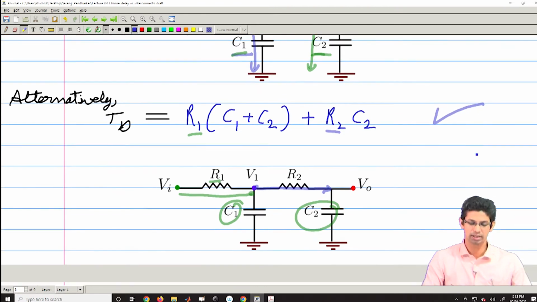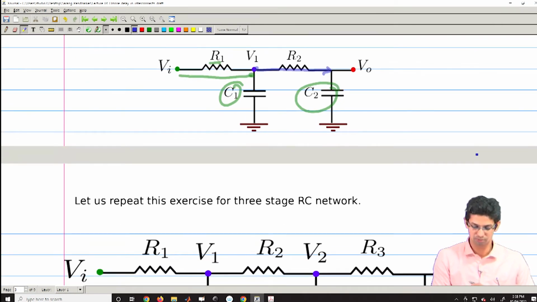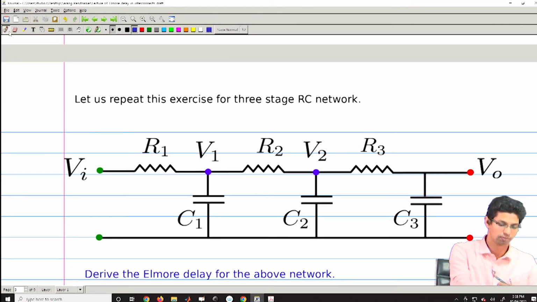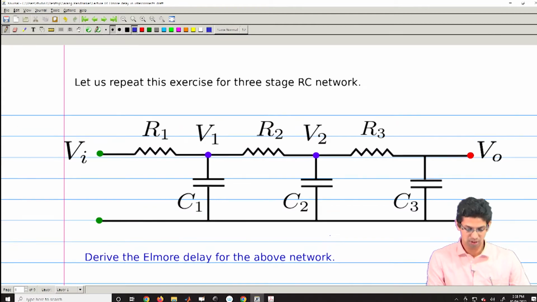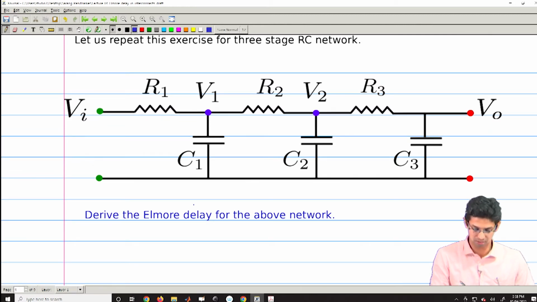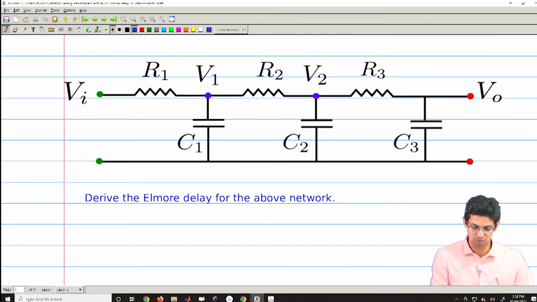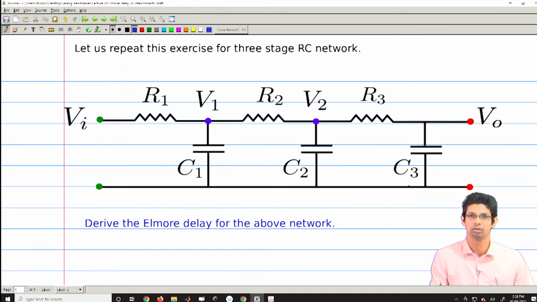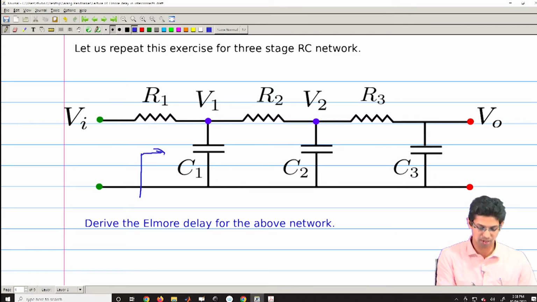Now, let us extend this analysis to the case of 3 stages. When we go to 3 stages, you have a circuit like this. Now, what you want to find is the Elmore delay for this network. There are only 3 stages, but it seems that it can become complicated. So, let us break it down into simple steps.